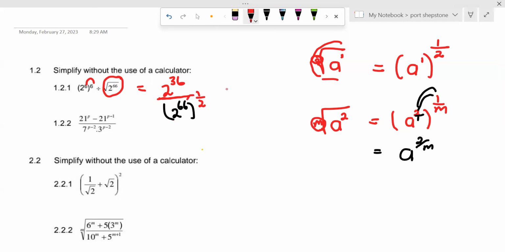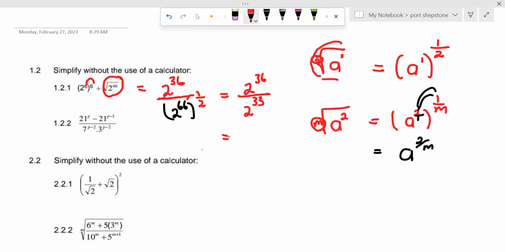Now, we're raising a power to the further power. It says we're going to have 2 to the power of 66 multiplied by 1 over 2. What is 66 multiplied by 1 over 2? 33. So we have 2 to the power of 33.